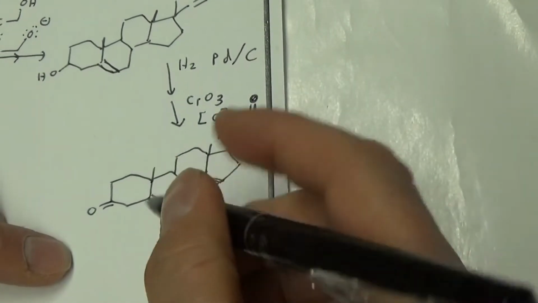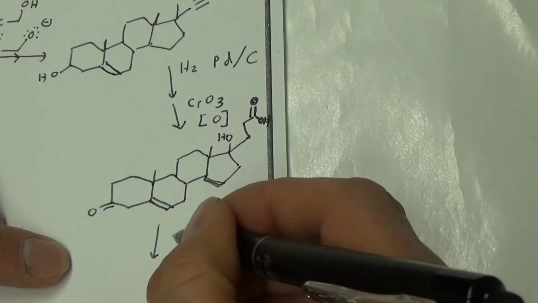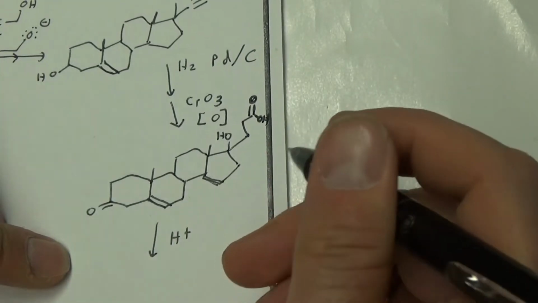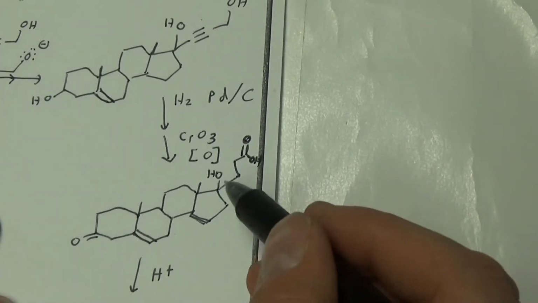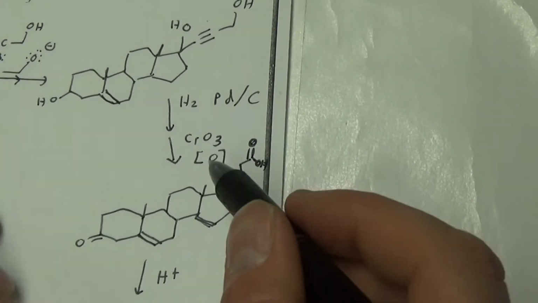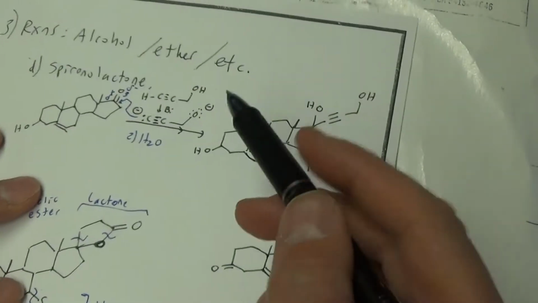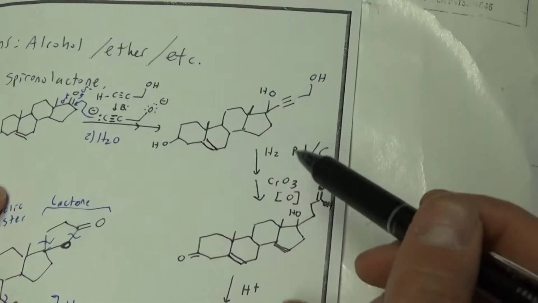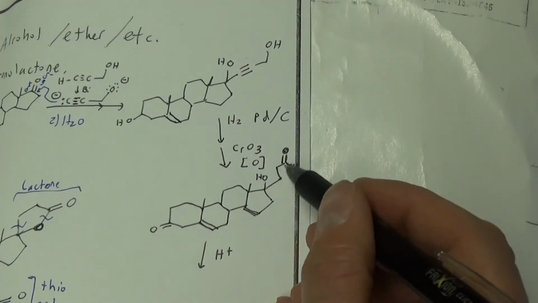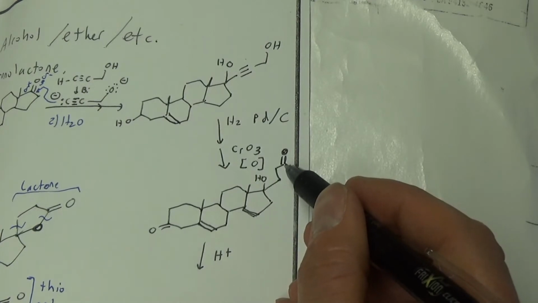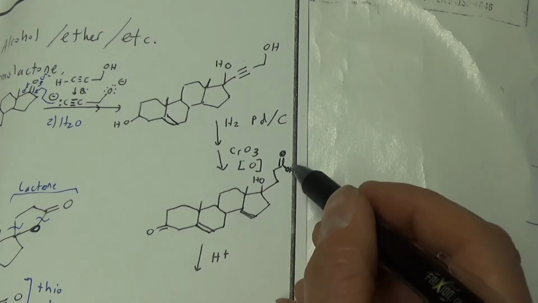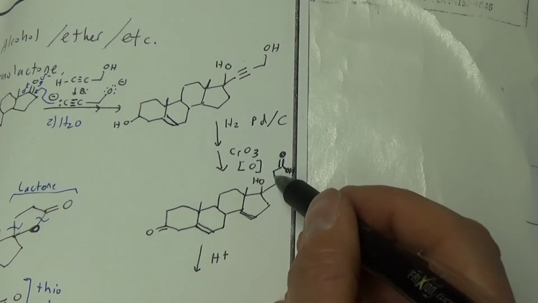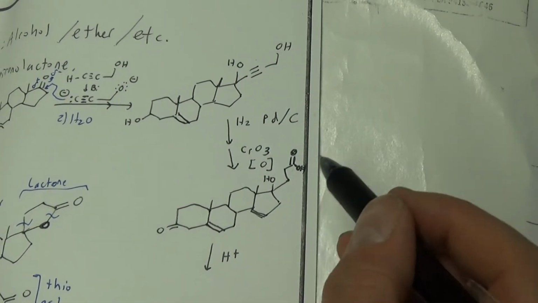Now we treat those with acid, and this is actually kind of cool because remember how the final product has an ester functional group? Well, if you have an alcohol and a carboxylic acid, that will cyclize and form the ester. It's called the Fischer esterification reaction.